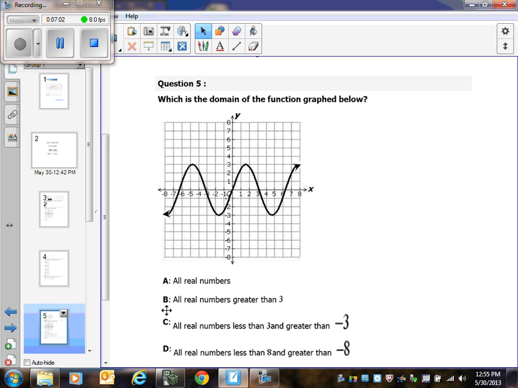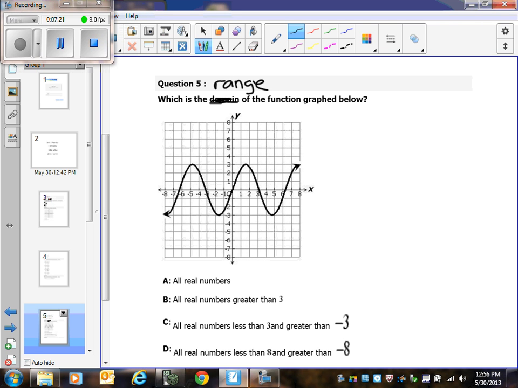Now, let's say instead of asking you what the domain was, let's say they asked what is the range. So let's change question 5 and now ask what is the range. Okay, I'm going to give you a second for that.